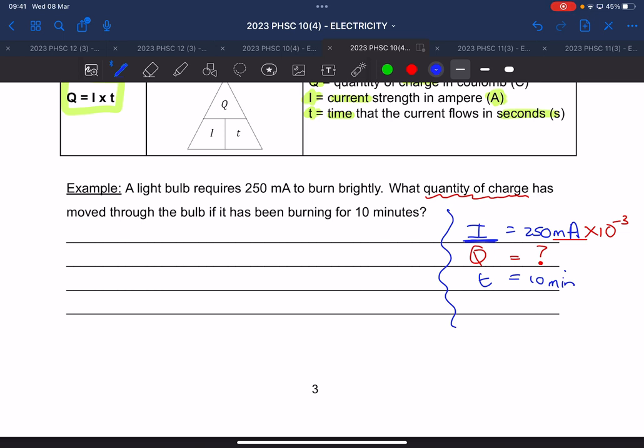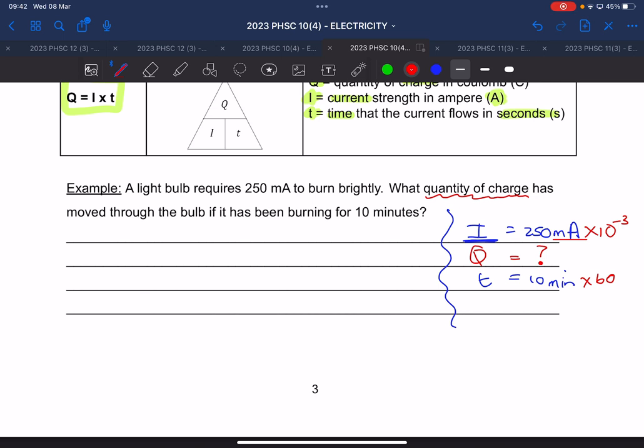By what? 1 minute is how many seconds? So what are you going to do to go from minutes to seconds? The answer is going to be 600. 60 times 10. Does the T for time always have to be lowercase?